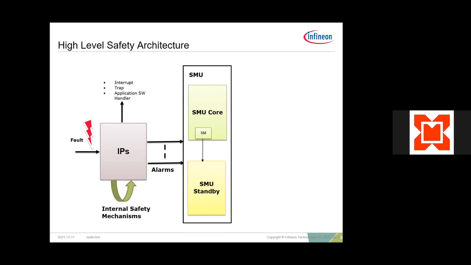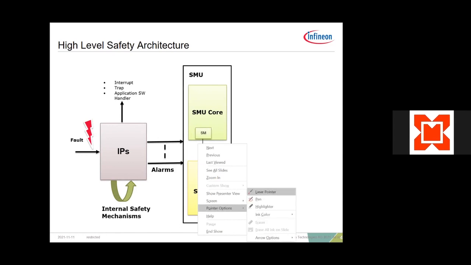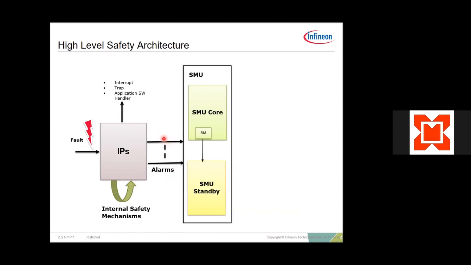Coming to the next element, which is the safety management unit. This is a central part of our safety architecture. What the safety management unit does is it scans all the pending alarms, and it triggers the reactions.